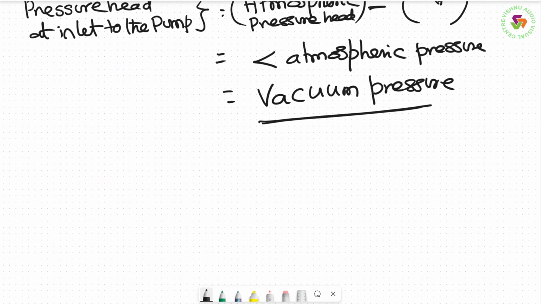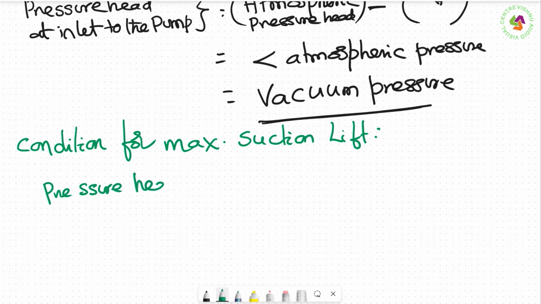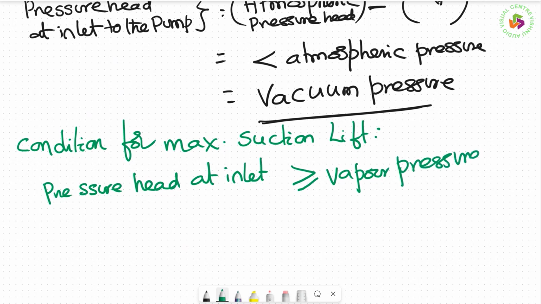Now let us write the condition for maximum suction lift. Here the pressure head at the inlet should not be less than, it should always be greater than or equal to the vapor pressure head of the flowing liquid.